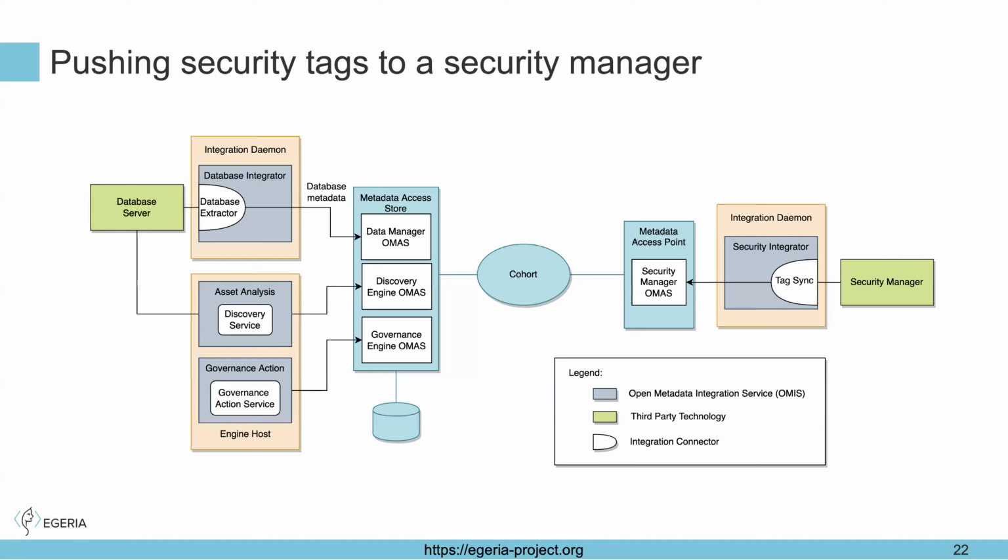Plus then the governance action service there is looking at all these values and building the tags. The tags catalogued in Egeria result in messages that then push out to the security manager through the tag synchronization integration connector. So here we're again capturing, augmenting, pushing.